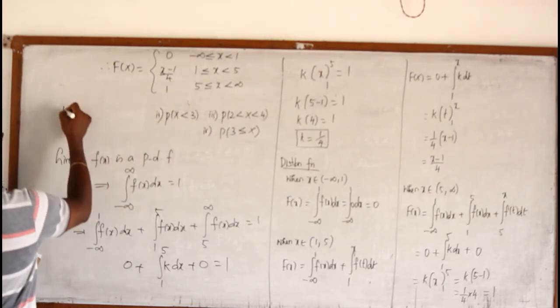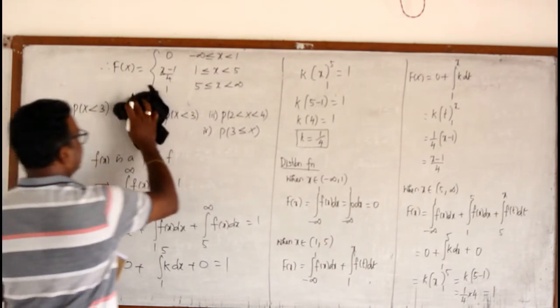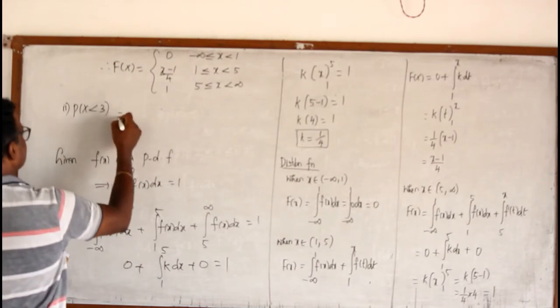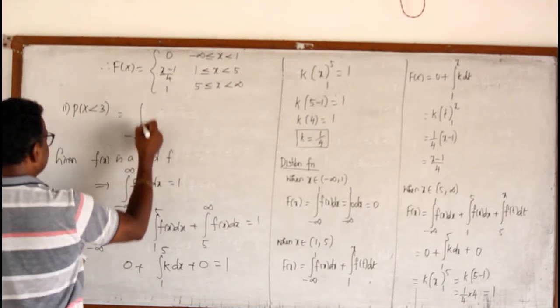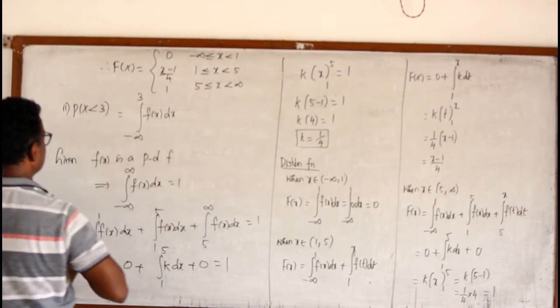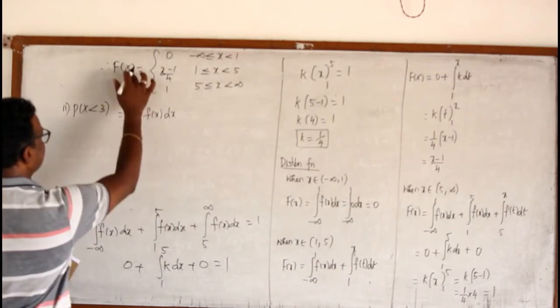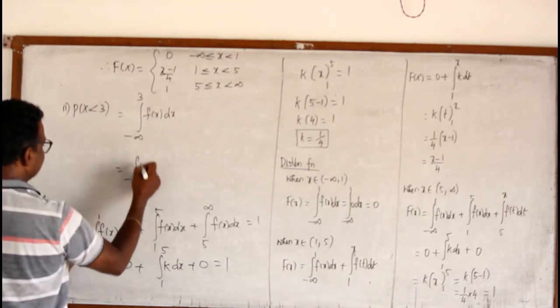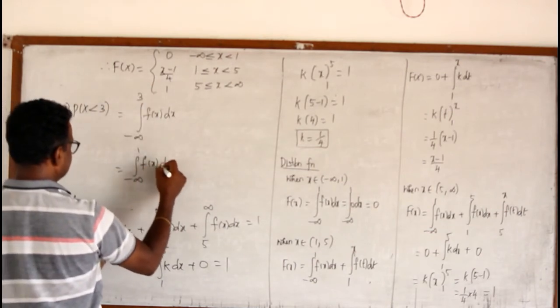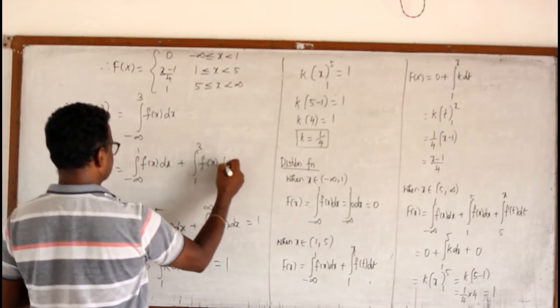Now the second question, P of x less than 3. Less than 3 means the integral from minus infinity to 3 of f of x dx. This is what I have to find out. But the function exists only from 1 to 5. So it is minus infinity to 1 of f of x dx, then from 1 to 3 of f of x dx.